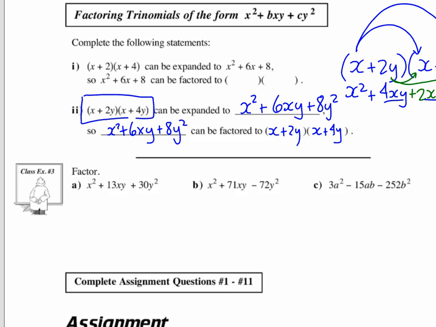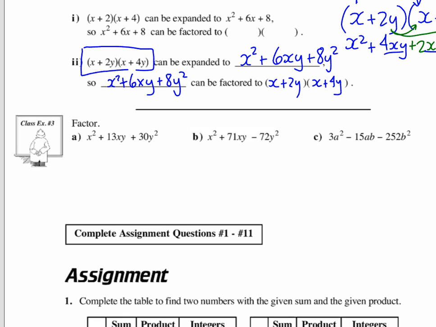Because the factored form means the multiplication form. So the multiplication form of that is x plus 2y times x plus 4y. So we factor these the same way. We just have to add on an extra variable if there's an x squared and a y squared.